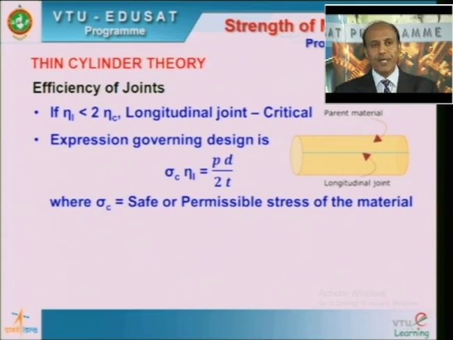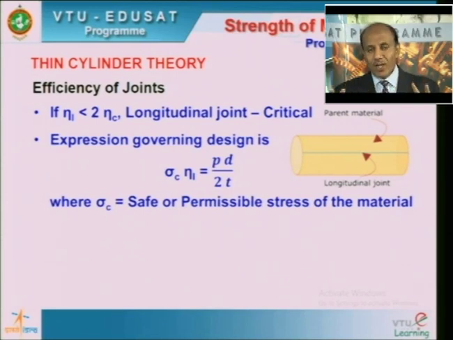The first important thing is, we have joints both along the longitudinal direction as well as the circumferential direction. Both have different efficiencies. We are talking about a situation where the efficiency of the longitudinal joint is less than 2 times the efficiency of the circular joint. Under this circumstance, the longitudinal joints are critical, and the circumferential stress comes into picture.